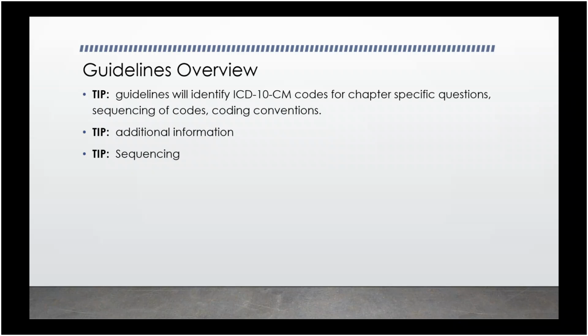The first tip is that the coding guidelines give you many answers for correct coding, and these guidelines will identify ICD-10 codes for chapter-specific questions, sequencing, and coding conventions. That actually could be, just out of the tip, a question on your test.